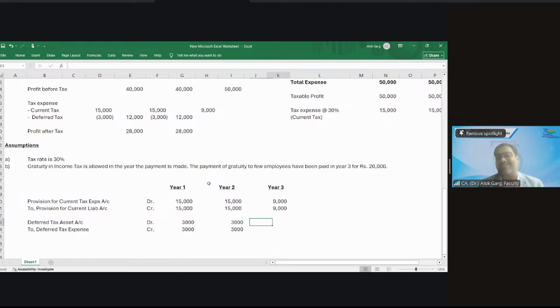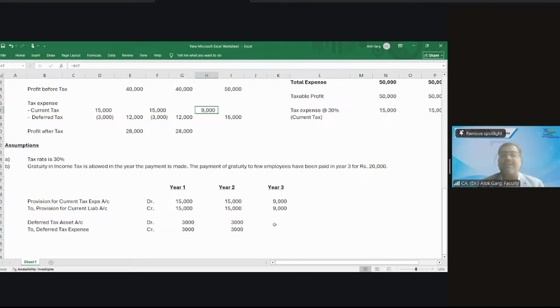Your deferred tax will be reversed now. Why? Because 50,000 is your accounting profit, and as per accounting profit, your tax expense should be 50,000 multiplied by 30%, which has to be 15,000, but it is only 9,000. Why? Because the higher taxes which you paid in the first and second year on account of disallowance of provision for gratuity of 20,000 rupees are now getting allowed.